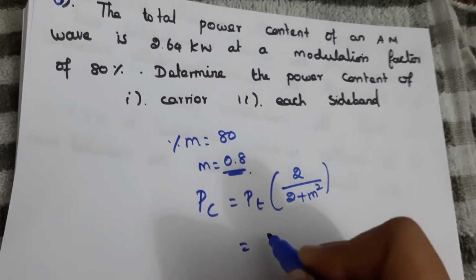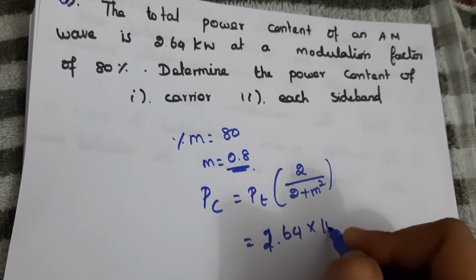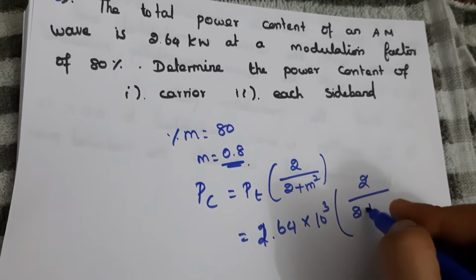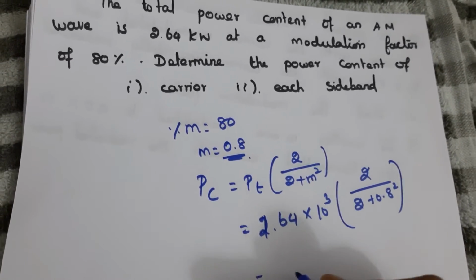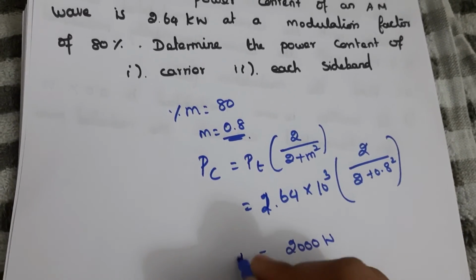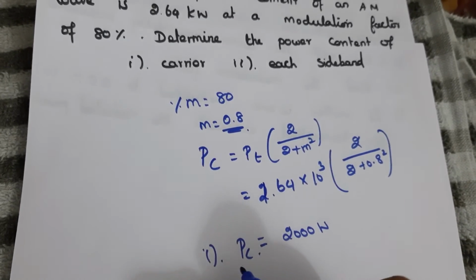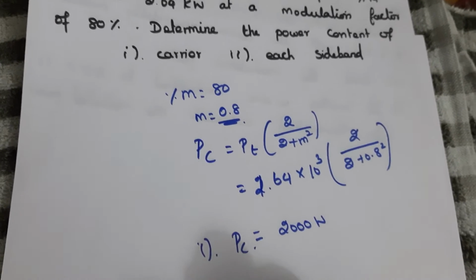And we know total power is 2.64 into kilowatt, 10 to the power 3. And we know the m value, that is 0.8, the whole square. Solving this, we will get 2000 watt. So this is PC.